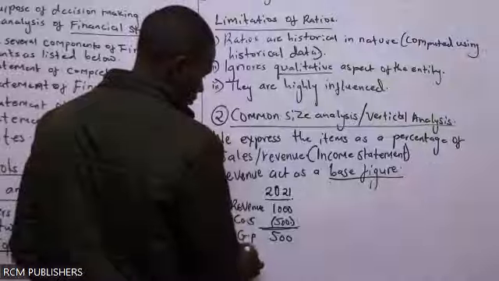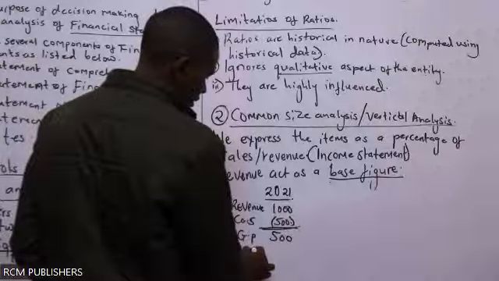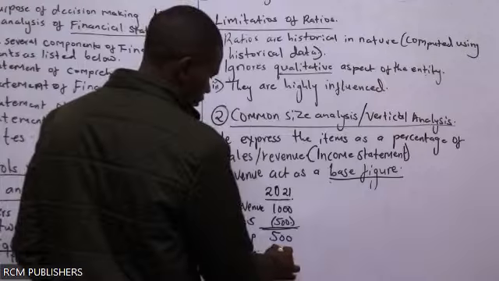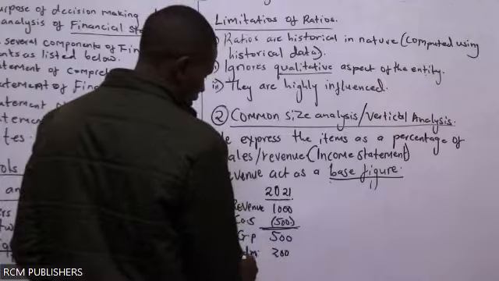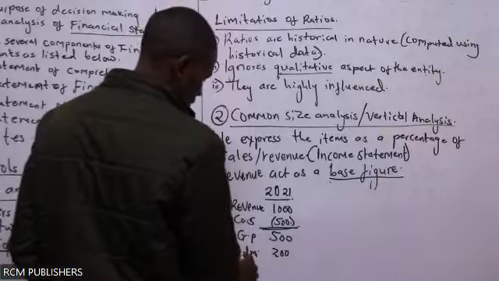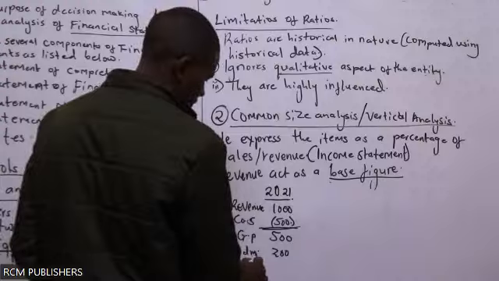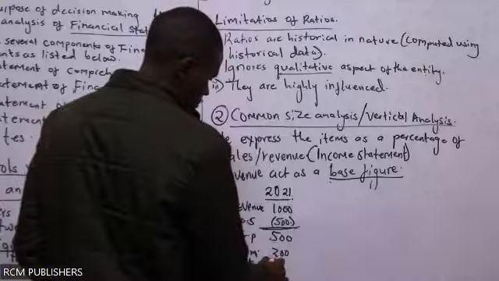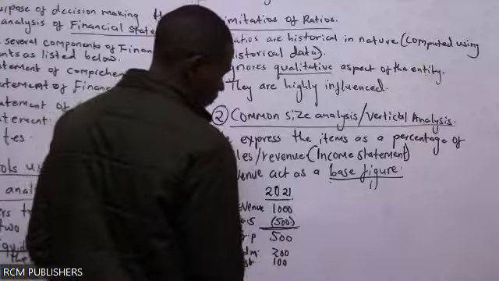I can be having admin expense over 200. Any other item, maybe distribution cost, I can have 100. Let's stop there.